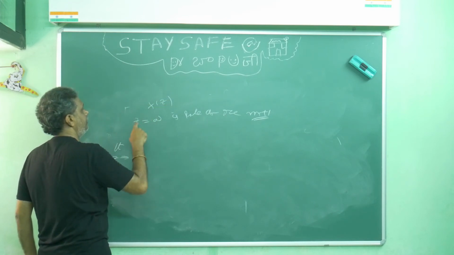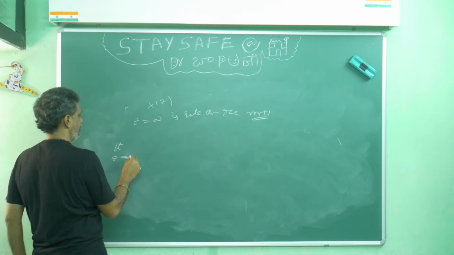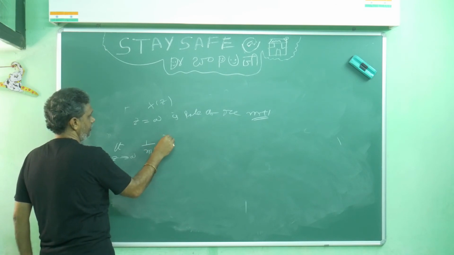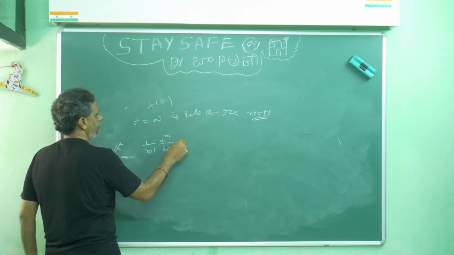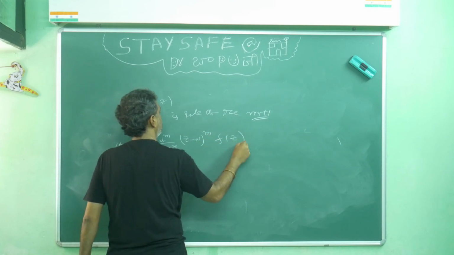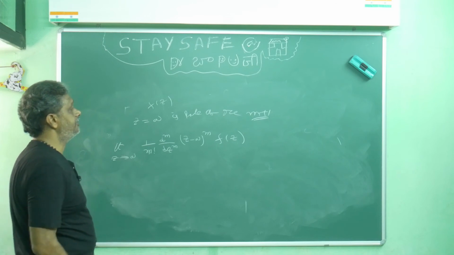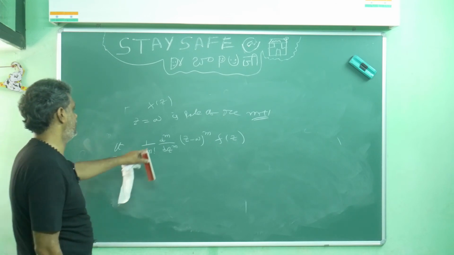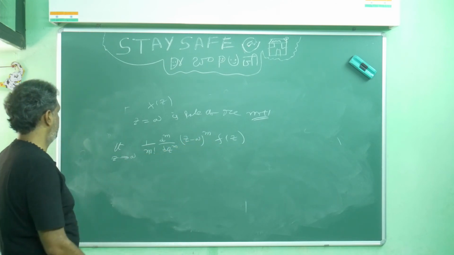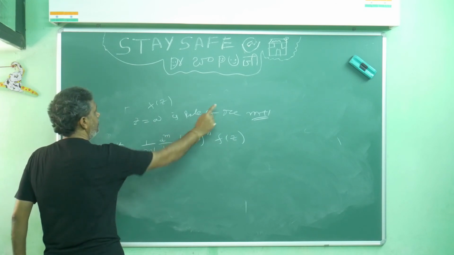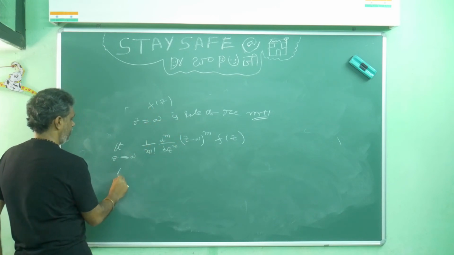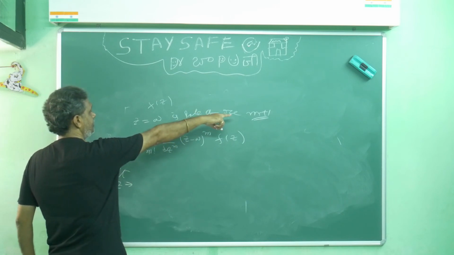Residue at z equal to a, how can you write? 1 by m factorial, d power m by dz power m, then z minus a whole power m+1 times f of z. So for a pole of order m plus 1, you can differentiate m times. Correct? Suppose it is order 9, z equal to a is a pole of order 9, then 8 times you can do, 1 time less. That's why I took m plus 1, so this is easy.